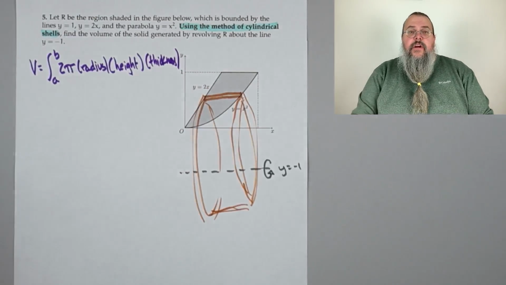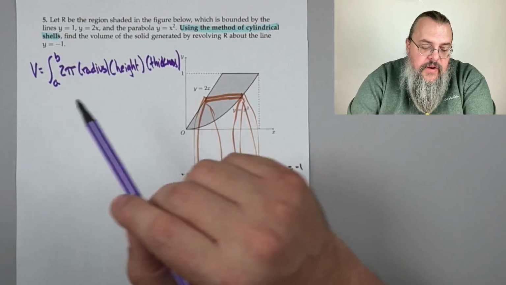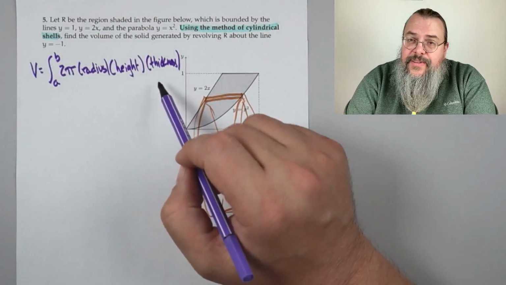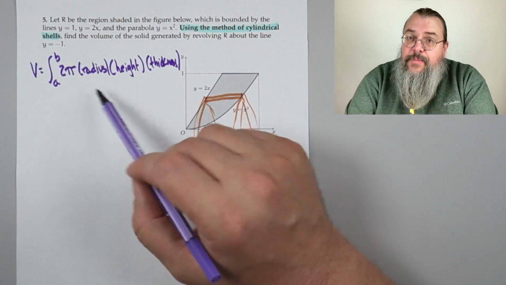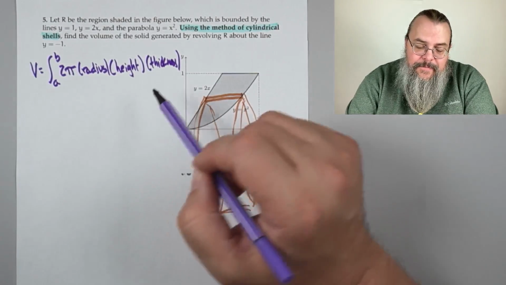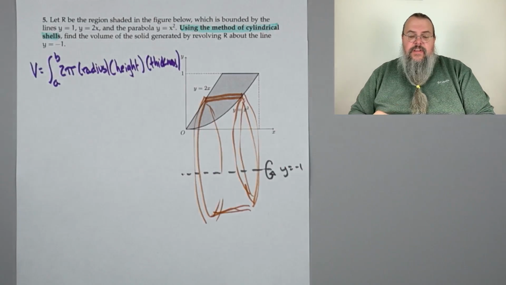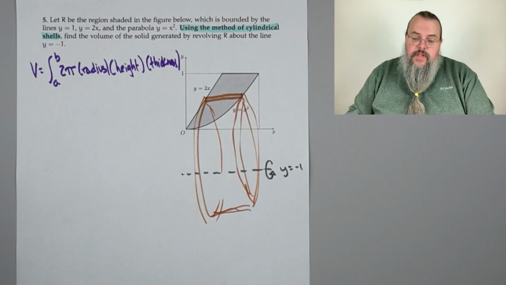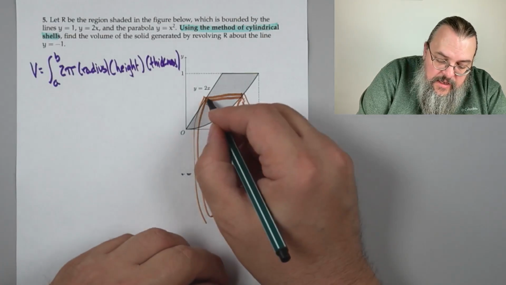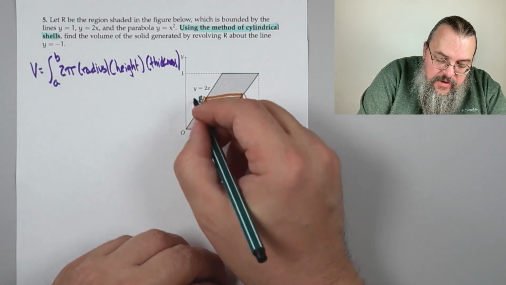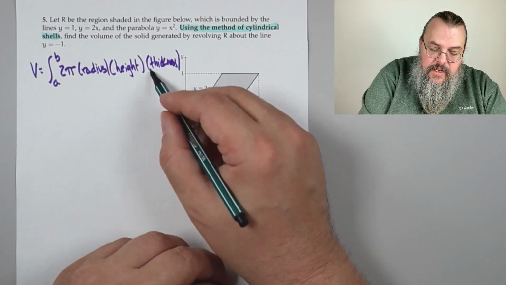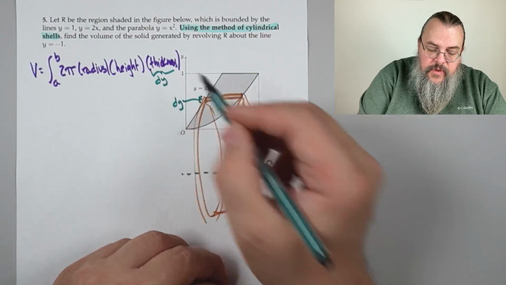You'll notice radius is a distance measurement, height is a distance measurement, and thickness is a distance measurement, so it really is a proper volume type idea. Now the thickness, that's not so bad. That's going to be this little piece right here. So this is dy, a small change in y.